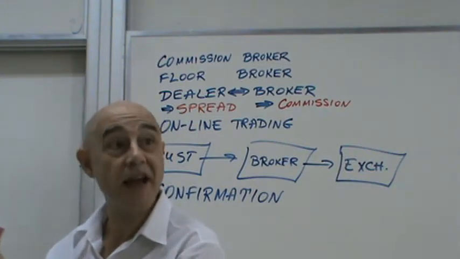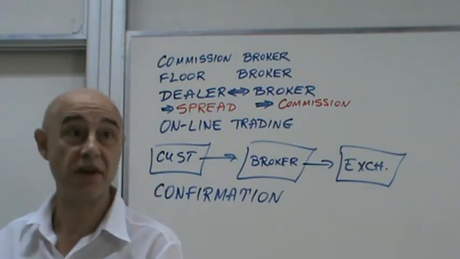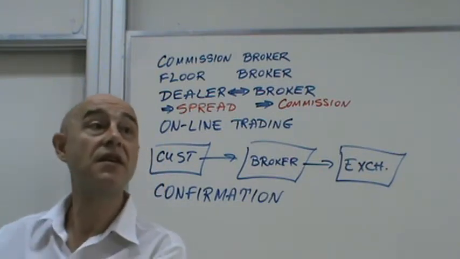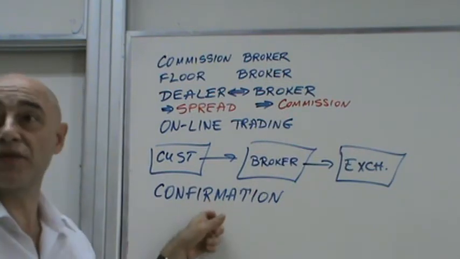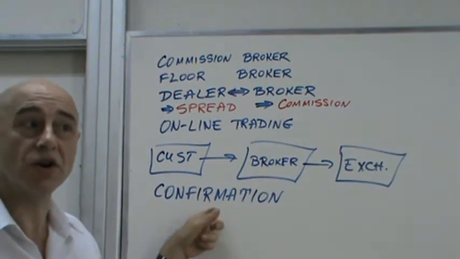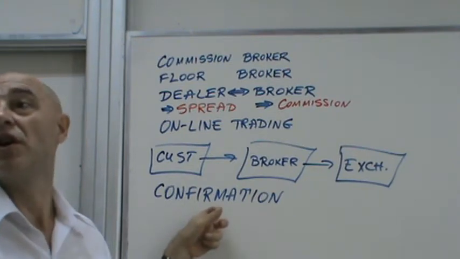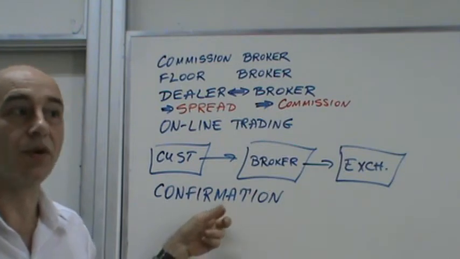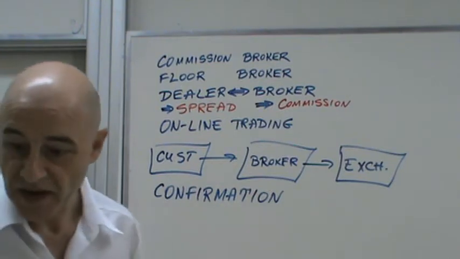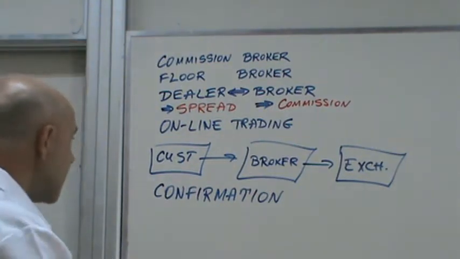Then maybe you're going to get a second confirmation for another 500. And then maybe last confirmation for the last 300. So confirmation is a notice from the broker that your order was executed, or that part of your order was executed. So that's confirmation.